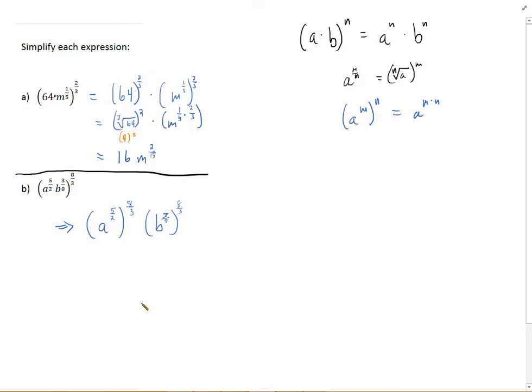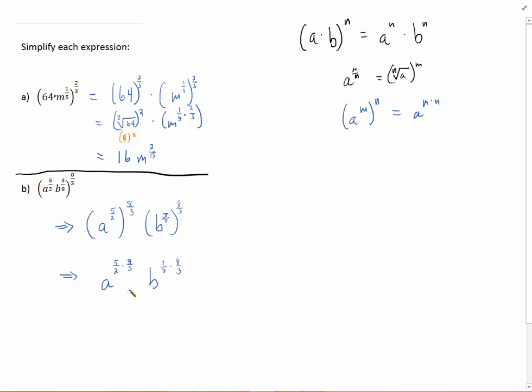And then using a power to a power property, this is the same as a to the 5/2 times 8/3, b to the 3/8 times 8/3.